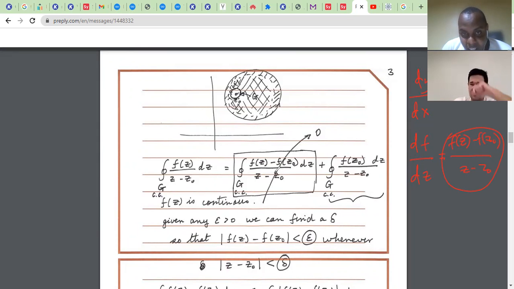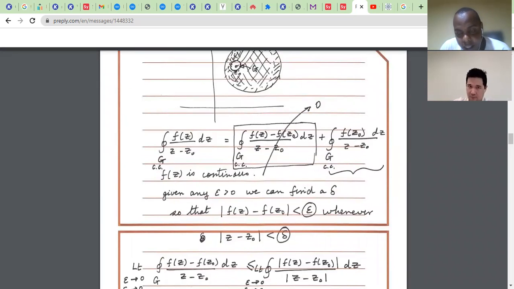I need to remember. So it's analytic. You are right. It's analytic. I was convincing myself. It's analytic because this is the definition of a derivative in itself. So that goes to 0.